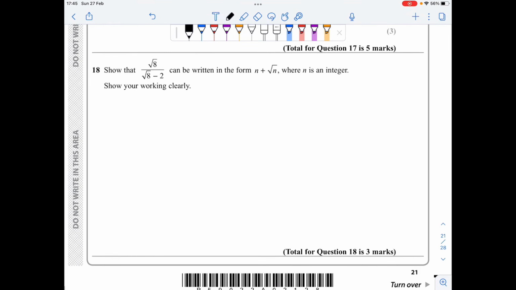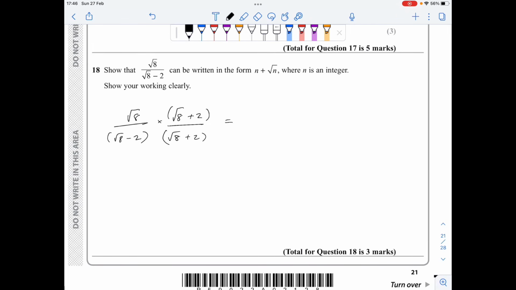In question 18, I'll start with the given expression, and I will multiply by the square root of 8 plus 2 over the square root of 8 plus 2. I'm trying to rationalize the denominator.